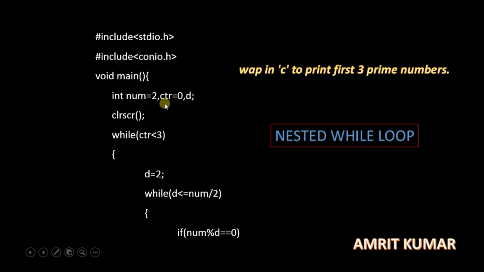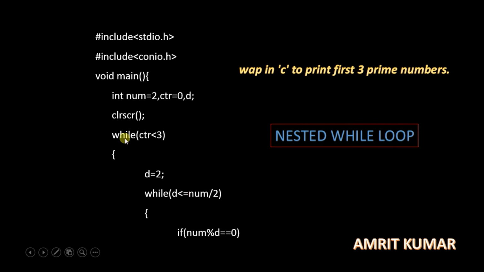After declaring these three variables, we use the clrscr function, whose work is to clear the screen. Finally we use the while statement, and within this while statement we are again using a while statement. This is known as the nested while loop, because we are nesting a while loop under a while condition.